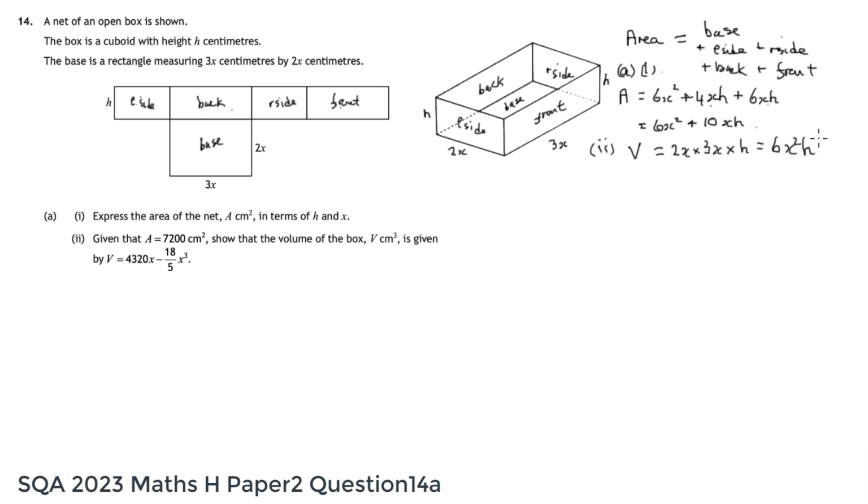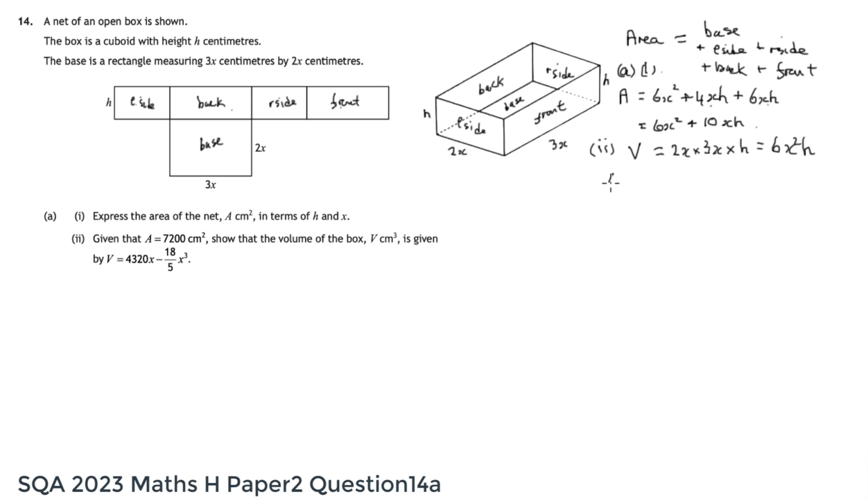Now that volume involves the letter h, so we have to replace h by an expression that's got nothing but x's in it. And that's where this information that we're given, that the area of that net is 7,200 square centimetres, comes in, because we do have an expression for that area.